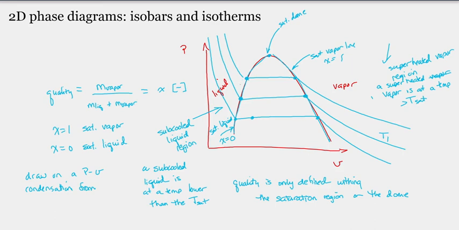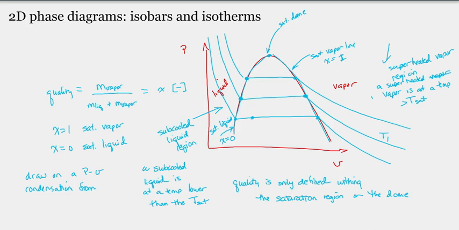So for a subcooled liquid, you're to the left of the saturated liquid line. For a superheated vapor, you're to the right of the saturated vapor line.